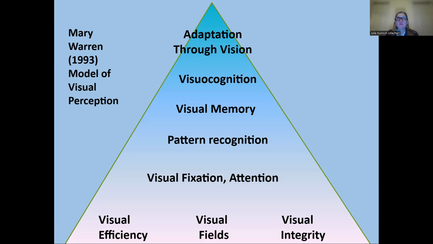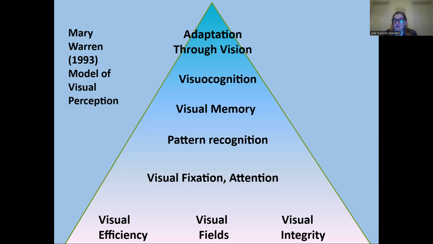And I should say, most of the assessment and intervention centered around vision in occupational therapy, at least on some level, are grounded in Mary Warren's model of visual perception. And we will revisit this multiple times as we're talking about vision.